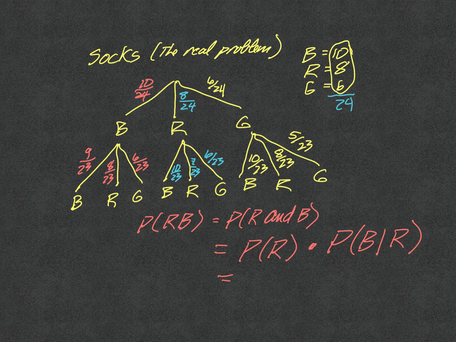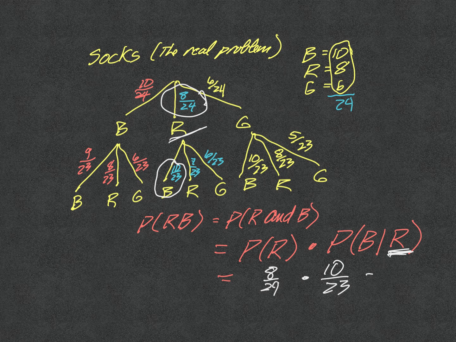The probability of a red is essentially the probability of a red on the first draw, and that's going to be 8 24ths. Then I'm going to multiply that times the probability of a blue given that the red happened on the first one. So we go down this branch to this probability, the blue, given that the red already occurred. And that becomes 10 23rds.